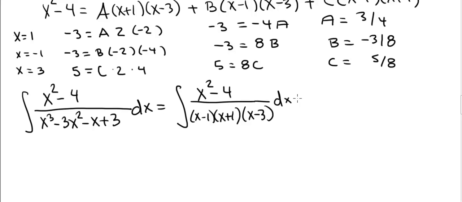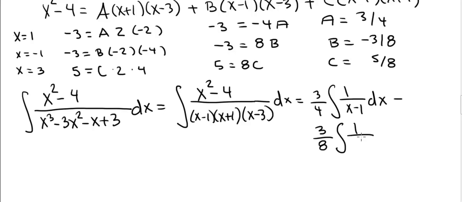So we know a: this is 3/4 times the integral of 1/(x − 1), minus 3/8 times the integral of 1/(x + 1), plus 5/8 times the integral of 1/(x − 3). And all these are extremely easy integrals.